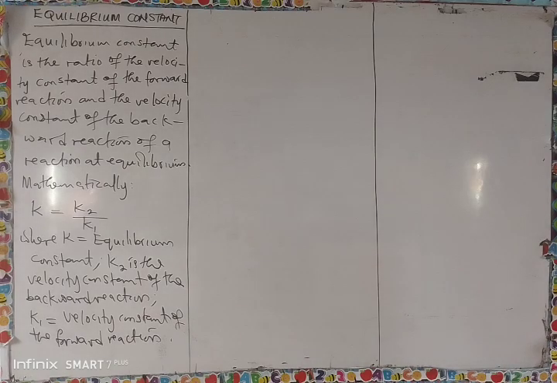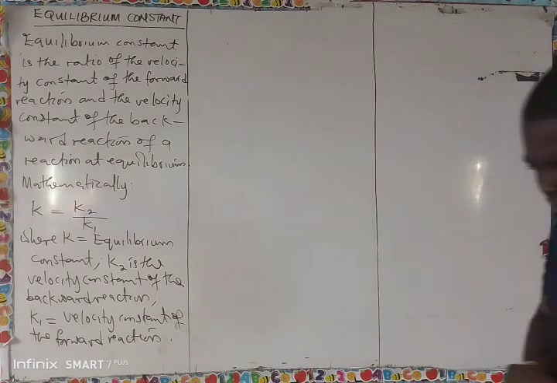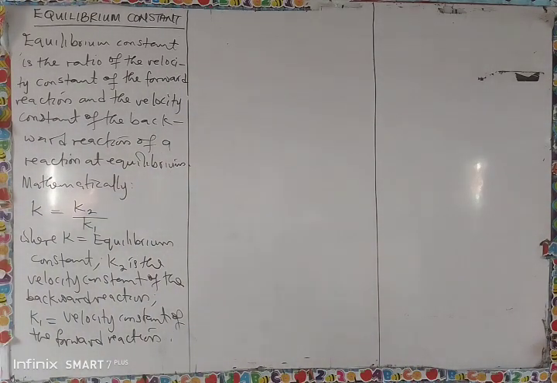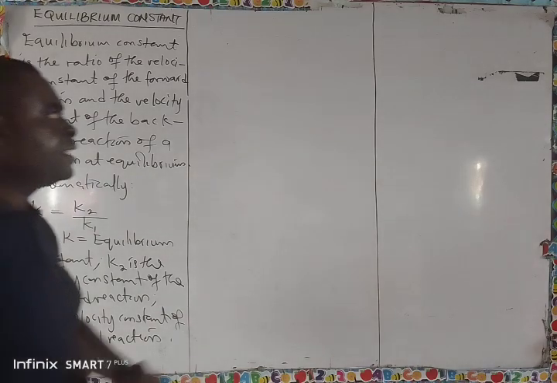There are two scientists, one called Gutenberg and the other called Wald. They are the foundation of equilibrium constant.